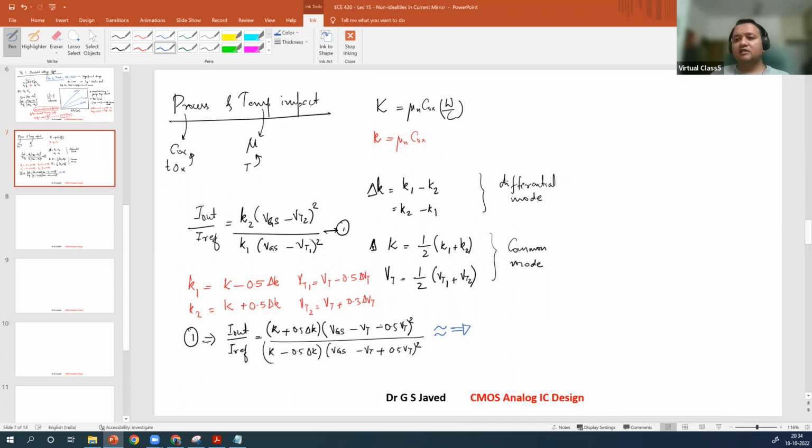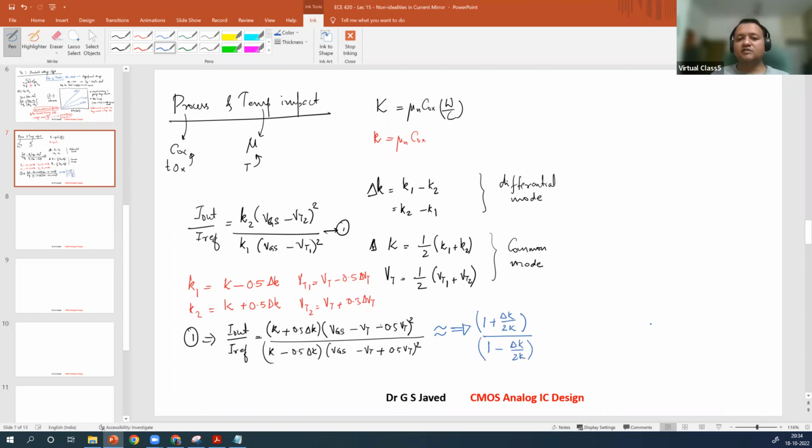If you multiply and divide by K, bringing the K out, you have 1 plus delta K divided by 2 times K. In the denominator, the other one is 1 minus delta K by 2K. These are the first two terms.